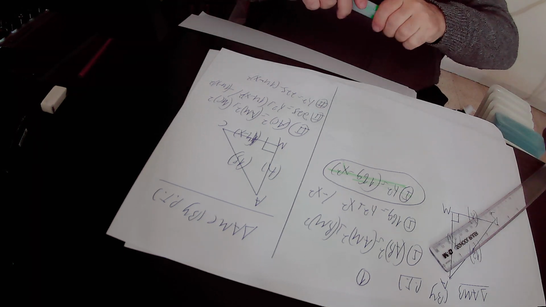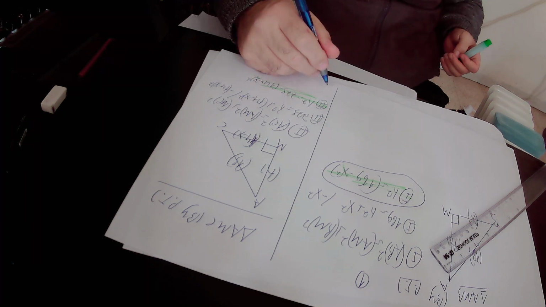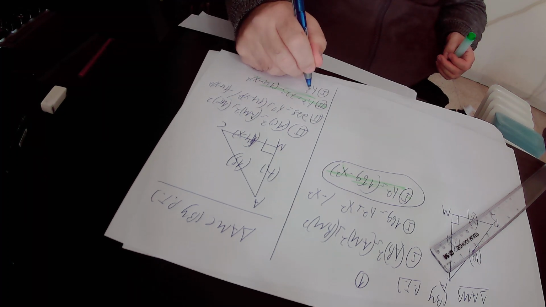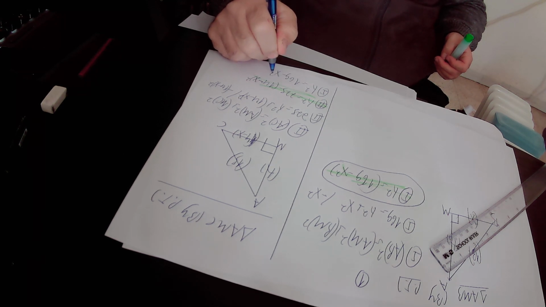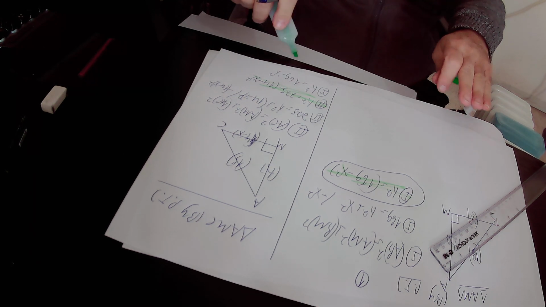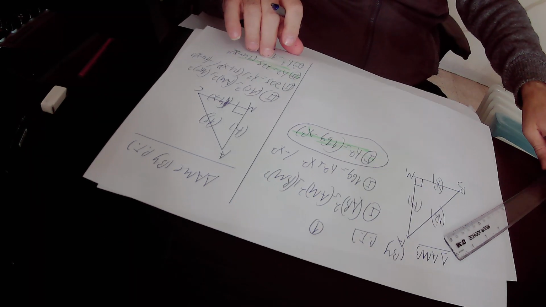But we have already found that according to equation number 1, H square equals 169 minus X square. So we have two different expressions for H square. So in the next step we will create equation number 3.